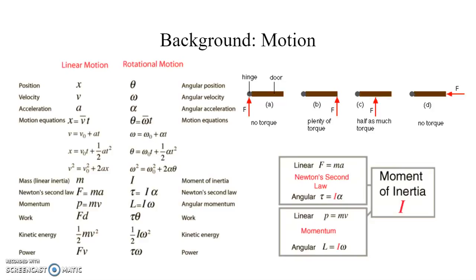And since linear motion occurs just in a straight line, we only need the regular acceleration, while for angular motion, since we're moving in a curved path or at an angle, we need the angular acceleration. This applies to different functions as well if you look in the chart on the left, but Newton's second law is the one that matters the most for this FRQ.